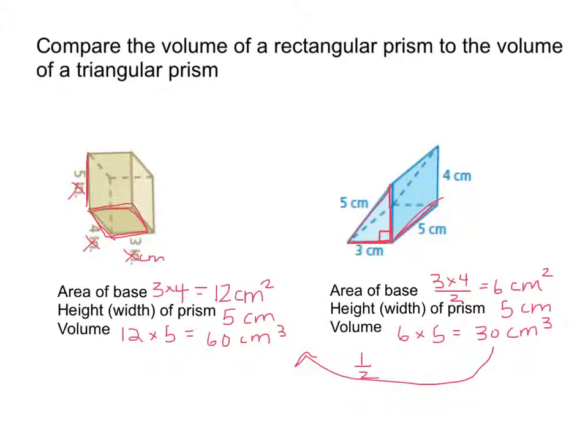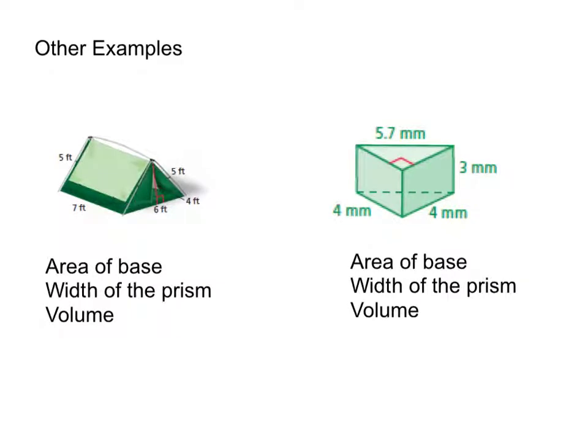And if we looked at this rectangular prism and we cut it right down the middle and drew lines where that would be, we would have exactly 2 triangular prisms within that one rectangular prism. All right, let's try 2 more examples.